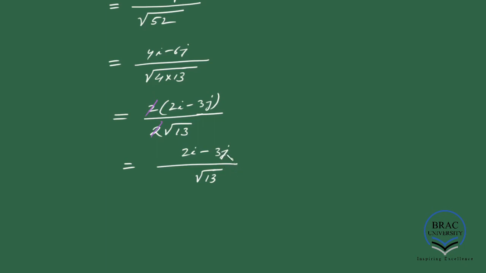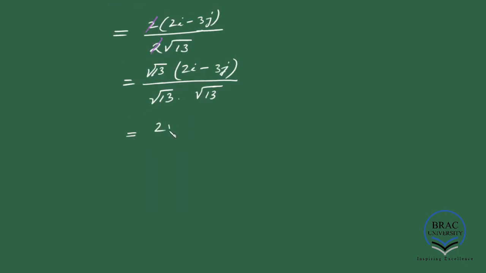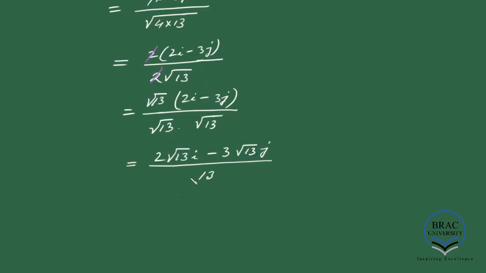Now we can rationalize the denominator, which is to say that we multiply and divide by the same term as in the denominator, the square root of 13. Now what that gives us is 2 times square root of 13 i minus 3 times square root of 13 j, divided by 13. So this is the unit vector in the direction of 4i minus 6j.